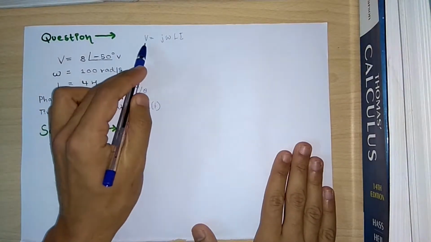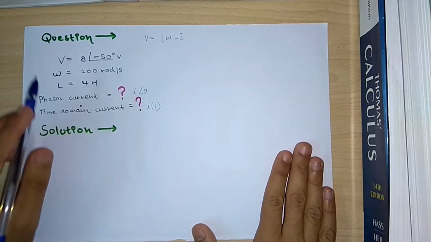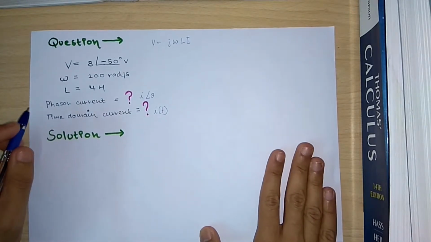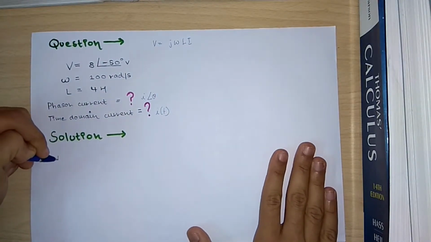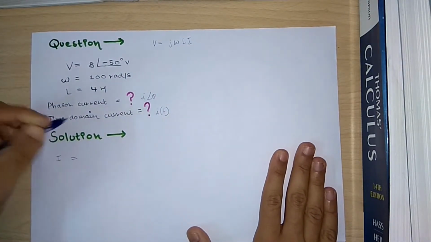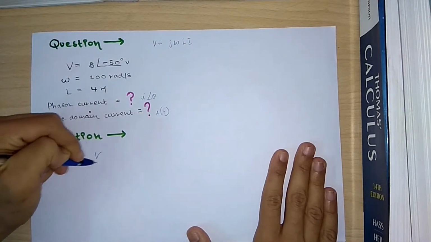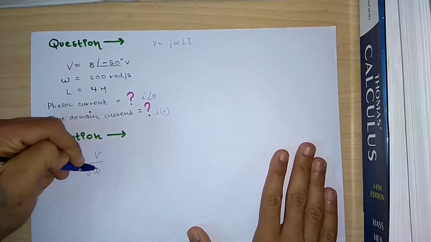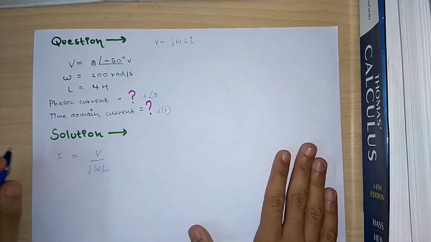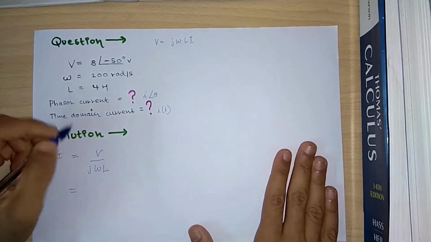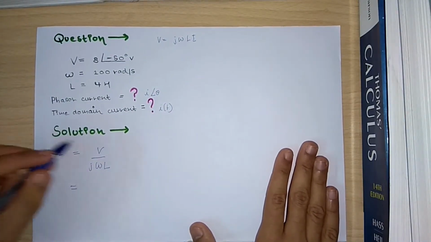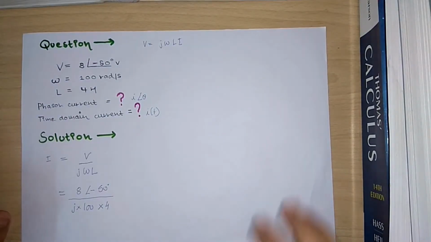We'll be just using this formula to find the phasor current, and that can be done by this. Now replacing the values of V, j, omega and L, we get this.